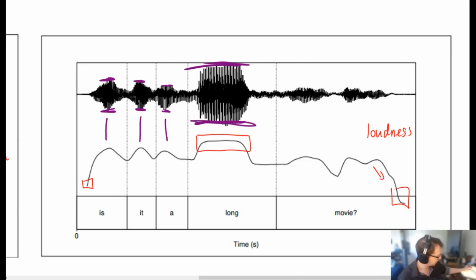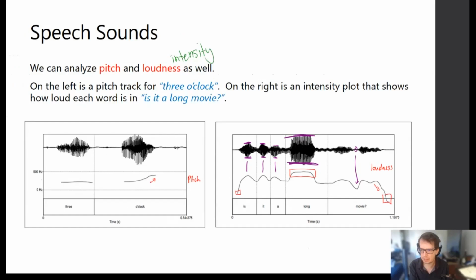When it gets quite small, we see a little dip in our intensity wave. Again, we're not really talking about how computers do this, but just what computers can do. Computers are able to get the pitch and intensity tracks for our audio.